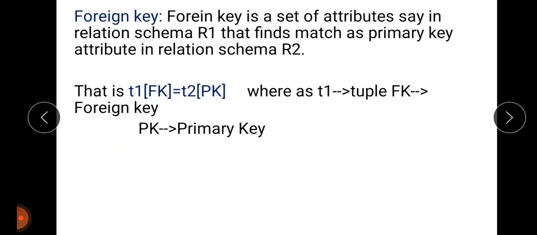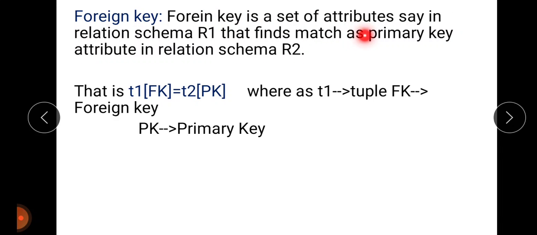Next one is foreign key. A foreign key is a set of attributes in relation schema 1, that is table 1, that finds a match with a primary key. In this table R1, one attribute acts as a foreign key.